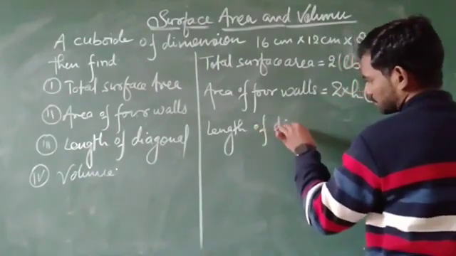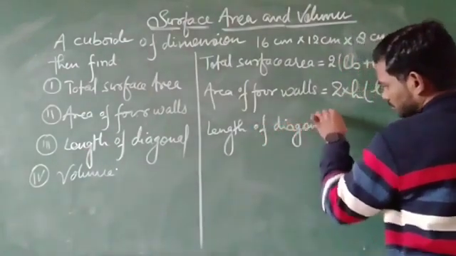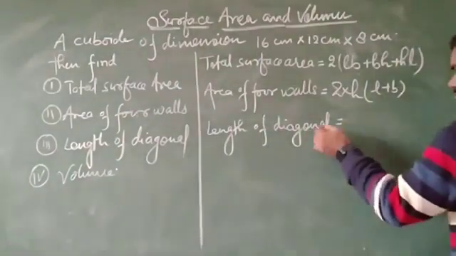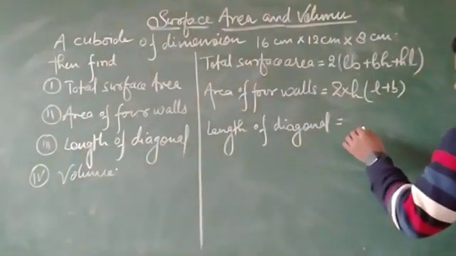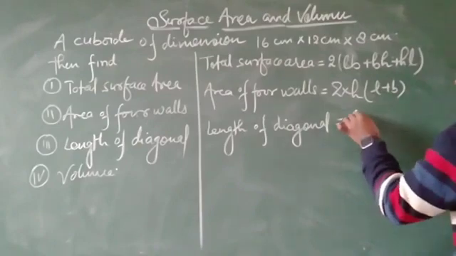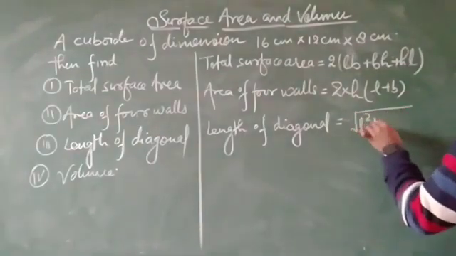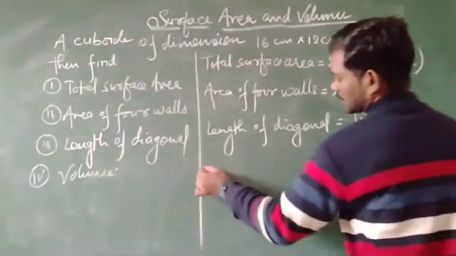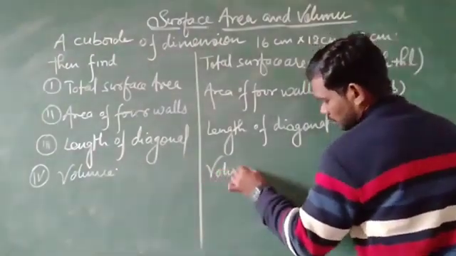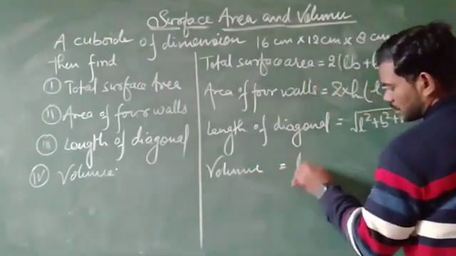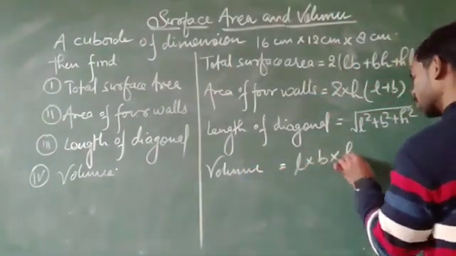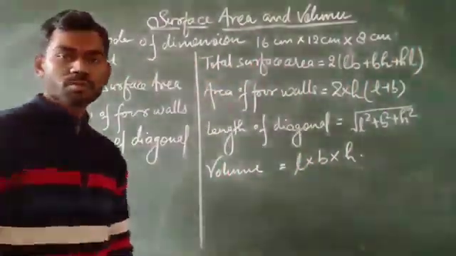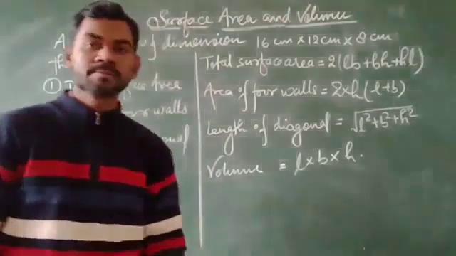The length of the diagonal is given by under root L square plus B square plus H square, and volume is L into B into H. So these are the 4 formulas through which we shall solve the question.